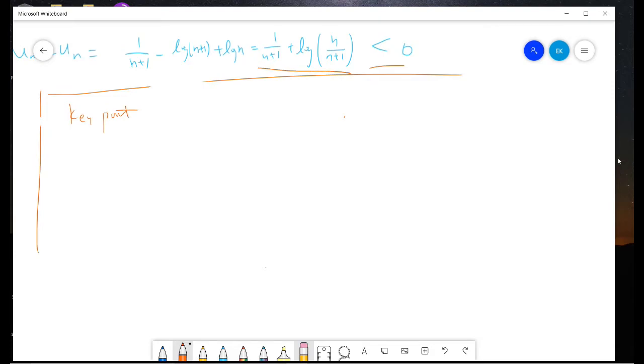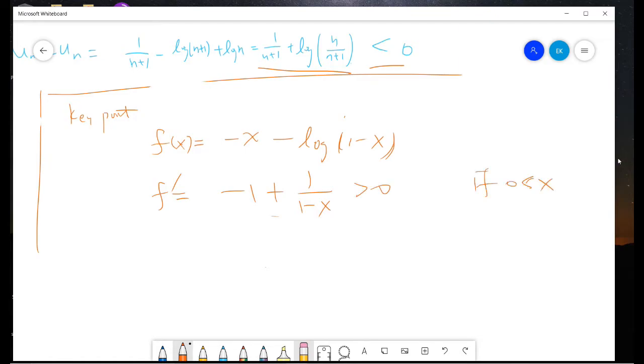Suppose I let f(x) equal to minus x minus log(1 minus x). Taking the derivative, I get minus 1 plus 1 over x. You see this is larger than 0 if x is larger than 0 but less than 1.